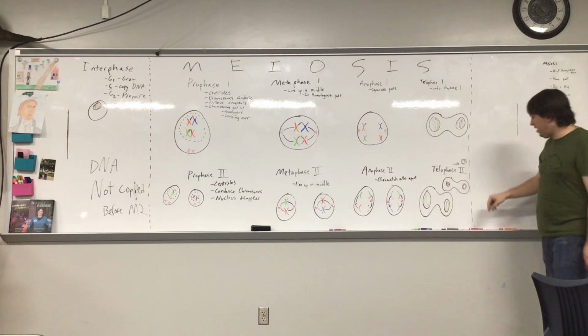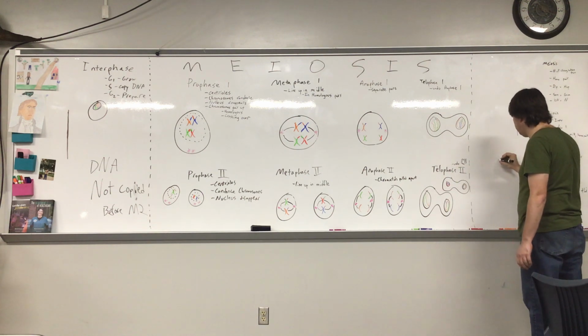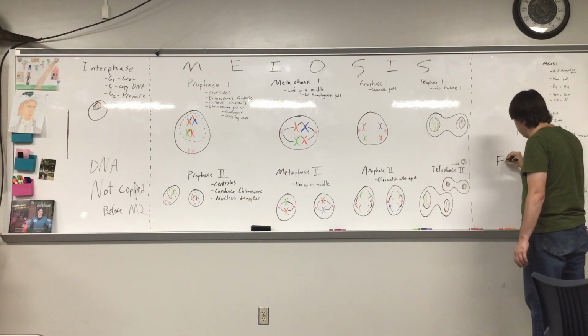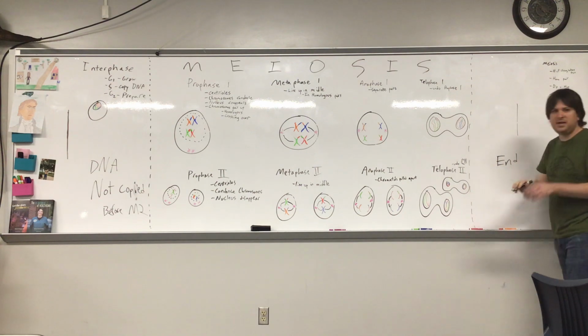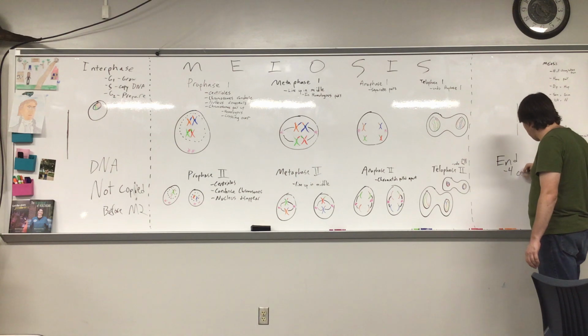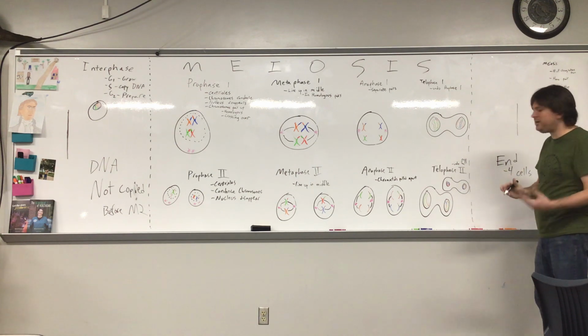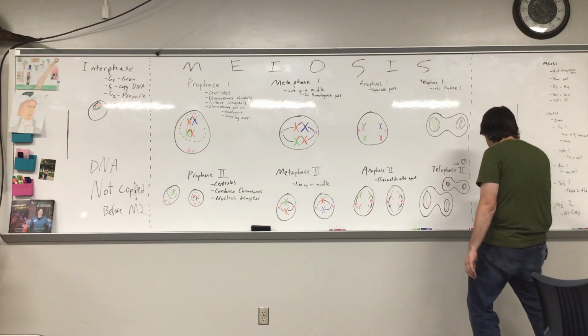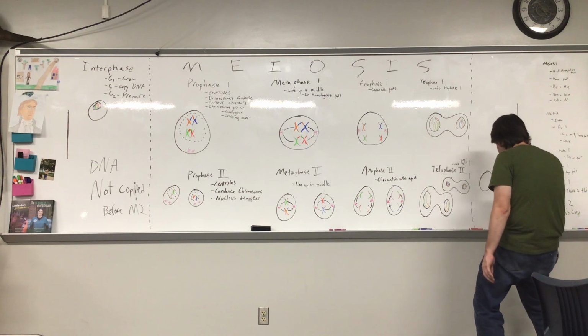So you can see how when we end, this would end with cytokinesis, again, dividing them. We're just going to put end. We end with 4 cells. Mitosis, you saw, ended with 2 cells. This one ends with 4 cells.